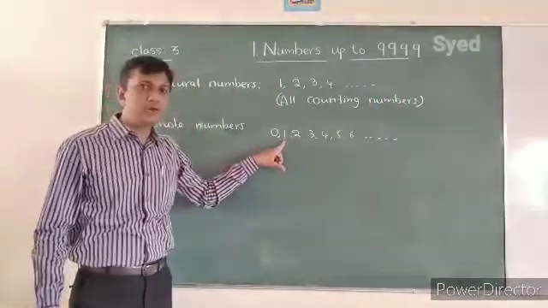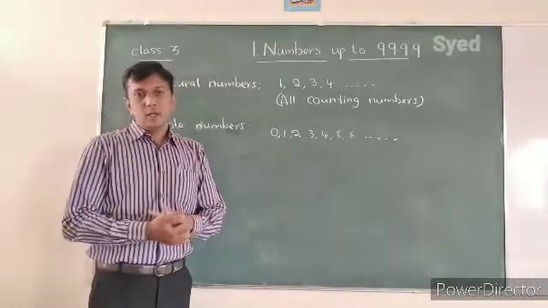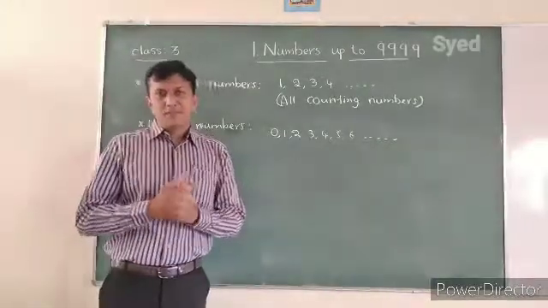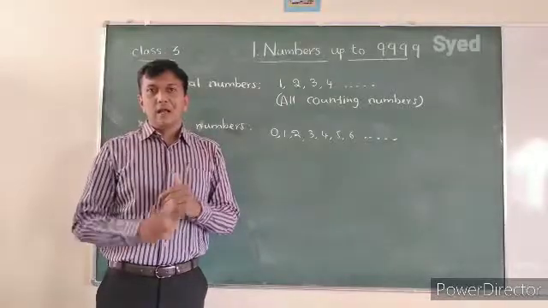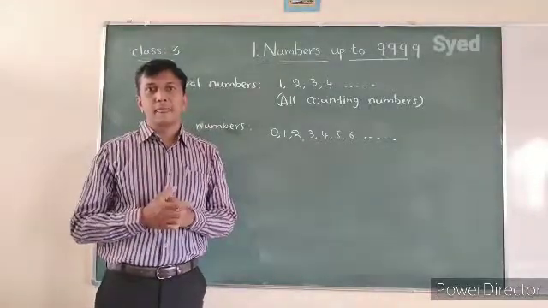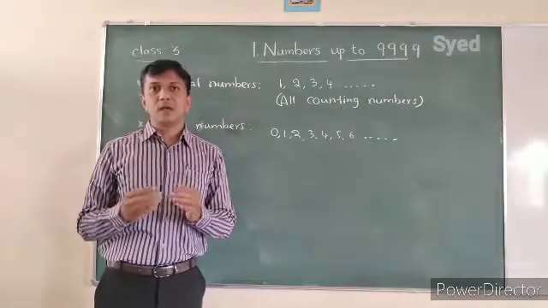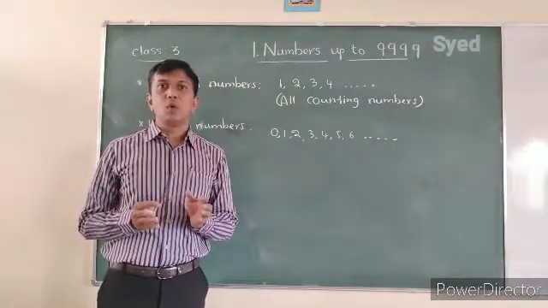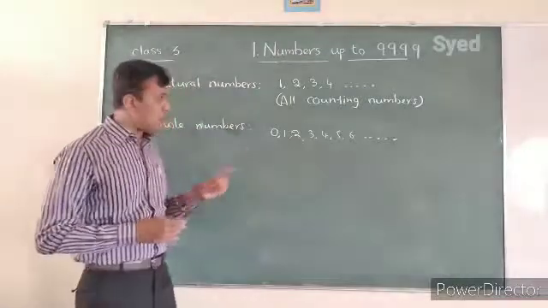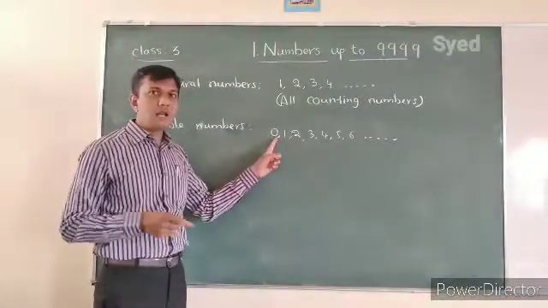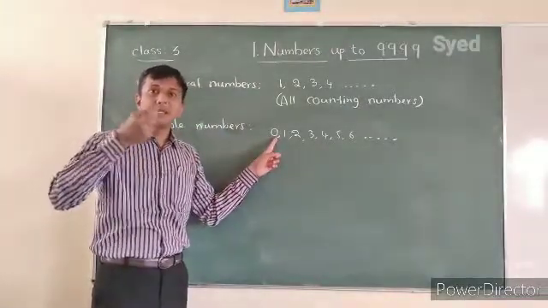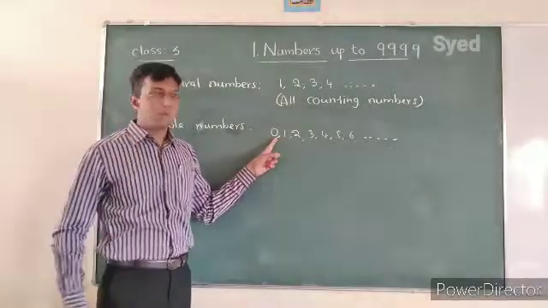Why do you have to include 0? Think that school started, and you are coming to the school, and you approach the classroom. When you look at the classroom, no one was there. No one was there means how many members are there? 0 members. The count is 0.